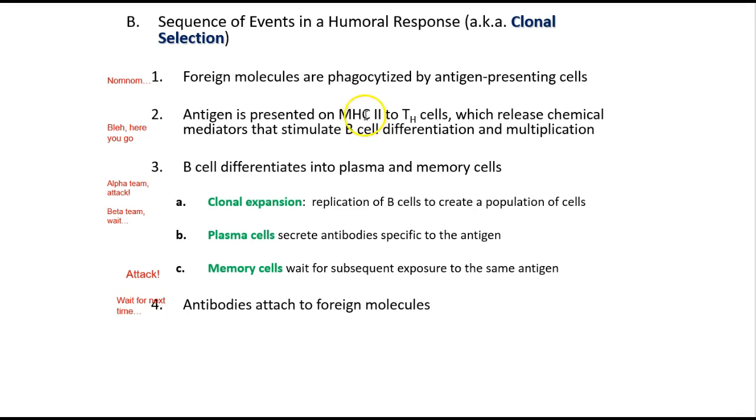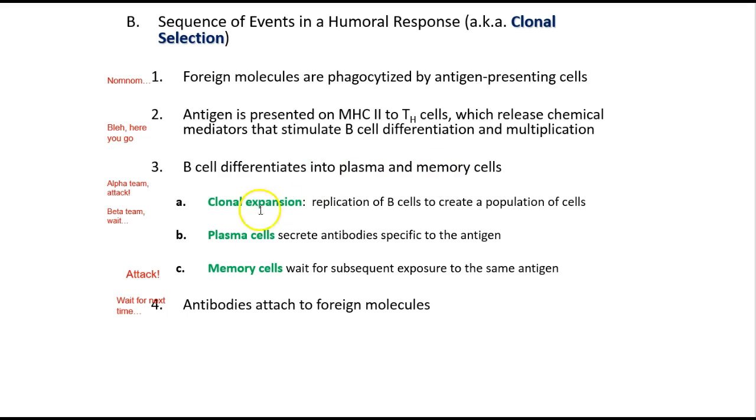So let's say this white blood cell MHC2 complex has activated a helper cell, the one for that specific virus, virus number 1. It comes to the B cell for virus number 1 and it starts to multiply. Then the B cell is going to become two different types of cells: a plasma cell and a memory cell.